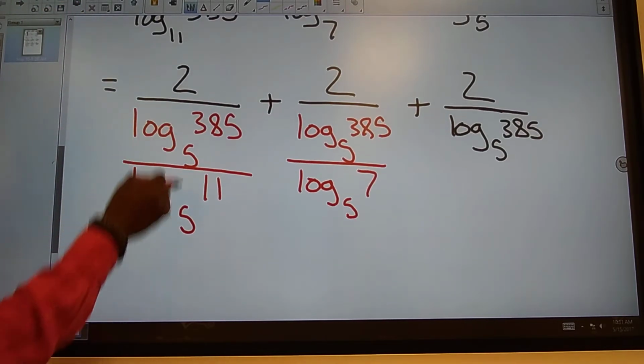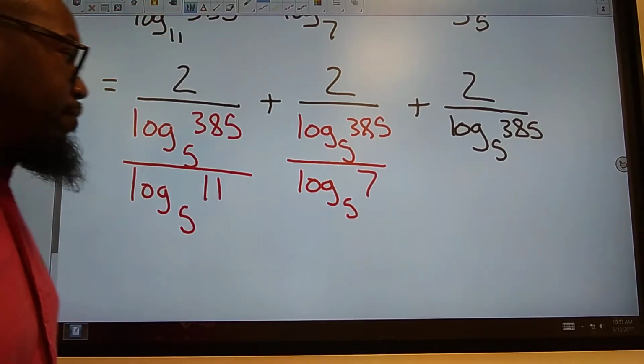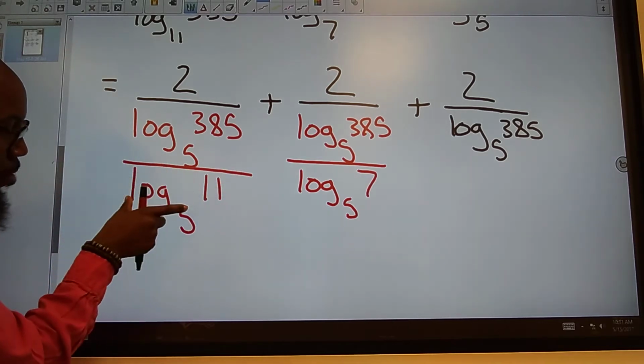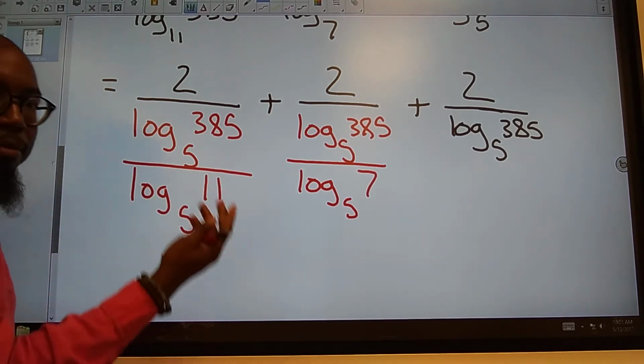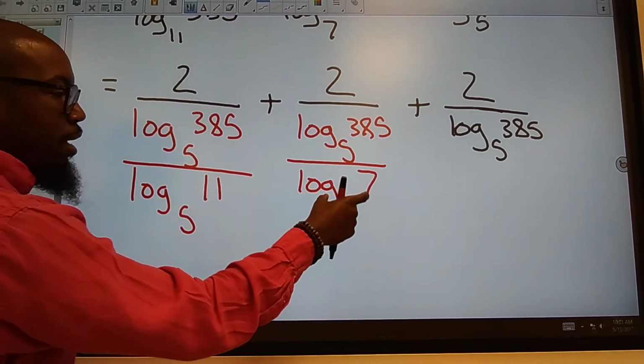Now, with these fractions right here, what I can do, according to my fraction rule, is that since I have a fraction in my denominator, I can bring the denominator of the denominator up to my numerator, and the same thing I can do with that one too.